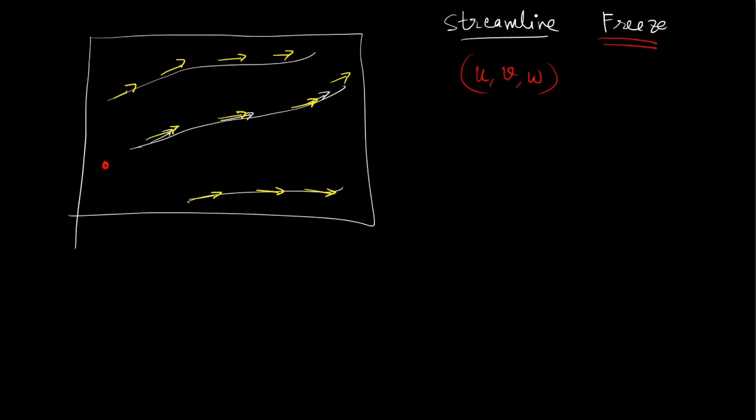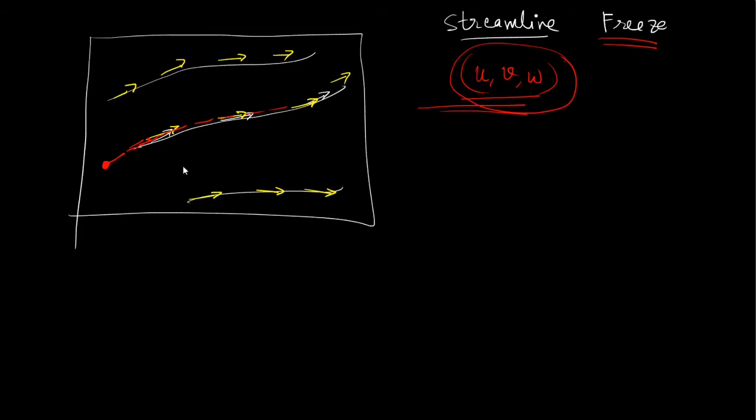Now you imagine a hypothetical particle in this frozen time. Then you march this particle in this frozen time. You don't evolve the time for the velocity field, but you say that for this particular particle everything is steady. You integrate and find the trajectory of this particle. That particle is bound to follow the velocity vectors.